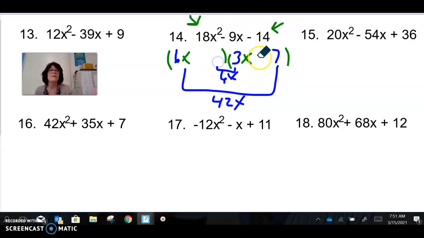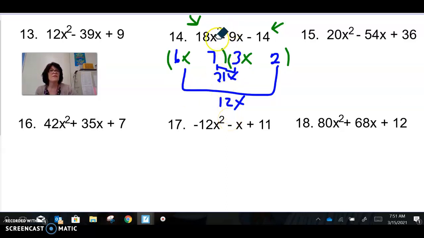Let me try 7 and 2 the other way. I'm going to put 7 here and 2 here. That gives me 6x times 2 is 12x. 7 times 3 is 21x. Oh, 21 minus 12 is 9.